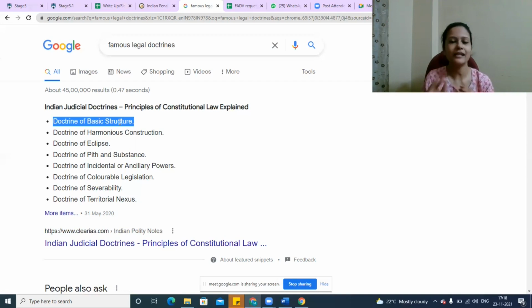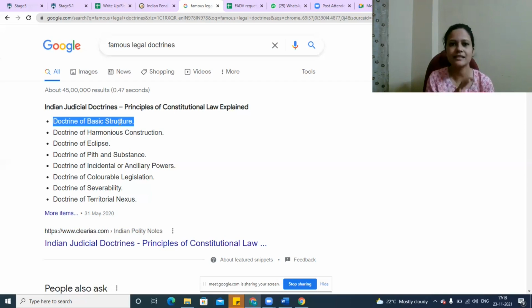But that does not mean you will change the basic structure of the constitution itself. Basic structure of the constitution means certain very basic things like sovereignty, providing for fundamental rights, and supremacy of the constitution. There is a list of things which are considered as basic structure of the constitution.